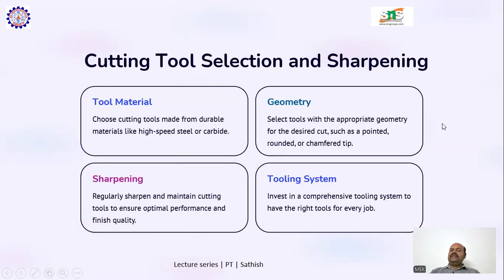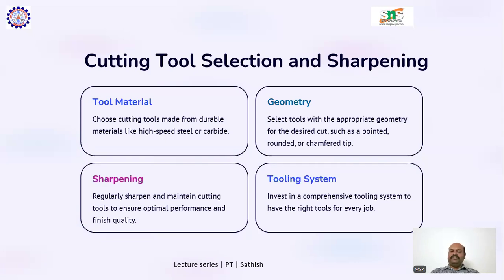The next part is cutting tool selection and sharpening. Normally, we use a single point cutting tool in the lathe. The tool material should be high speed steel or carbide. The major criterion for selecting the tool material is hardness.